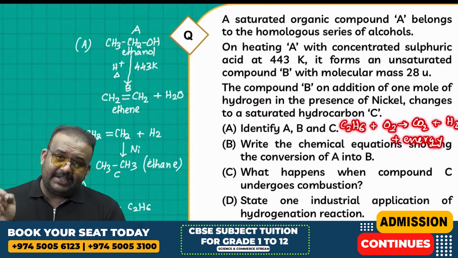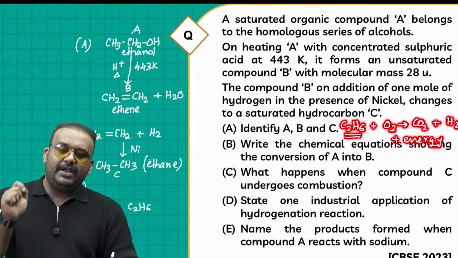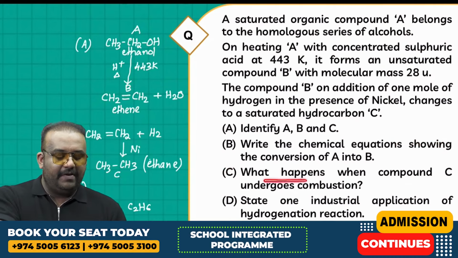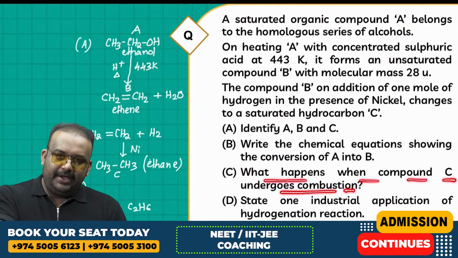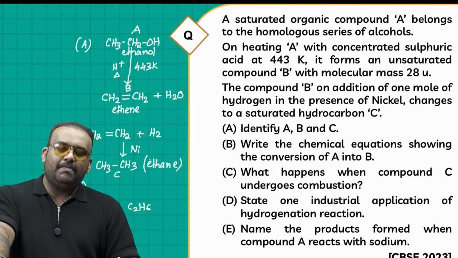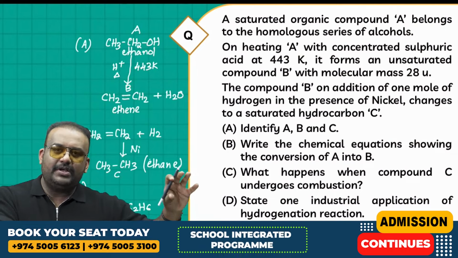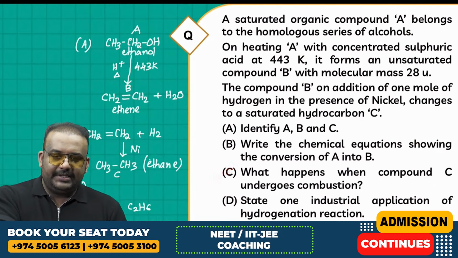And since this is a saturated hydrocarbon, it will burn with a clean blue colored flame. That is the observation you have to write here. When compound C, which is ethane, undergoes combustion, it burns with a clean blue colored flame and liberates carbon dioxide, water, and a lot of energy. That will be the answer for the C segment.